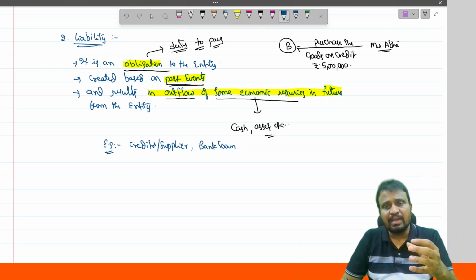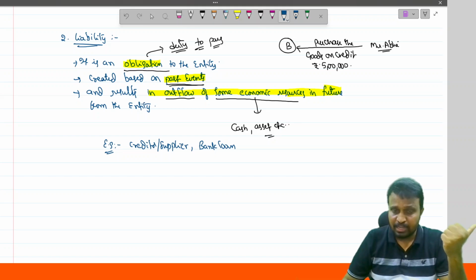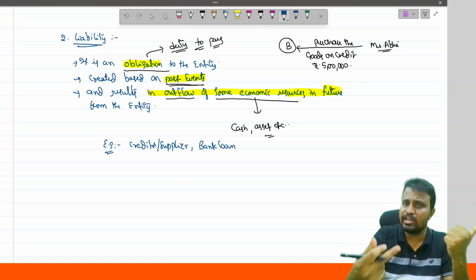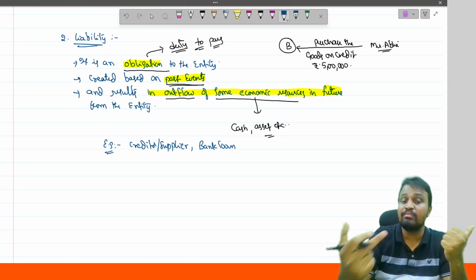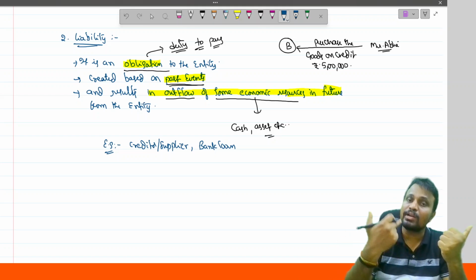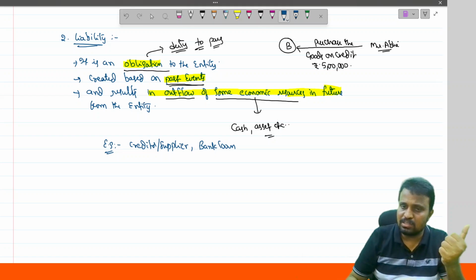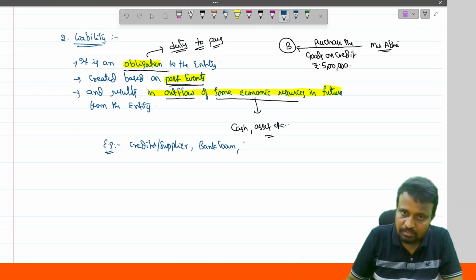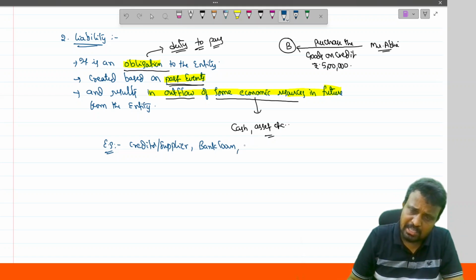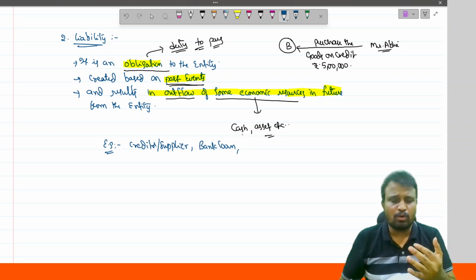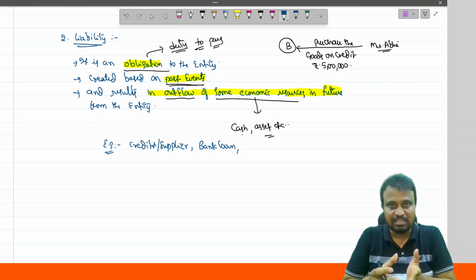If you obtain any loan from the bank previously, on the date of taking the loan, an obligation is created for you to pay that amount in future. You are required to repay that amount in future, right? So that's why bank loan is covered under liability.